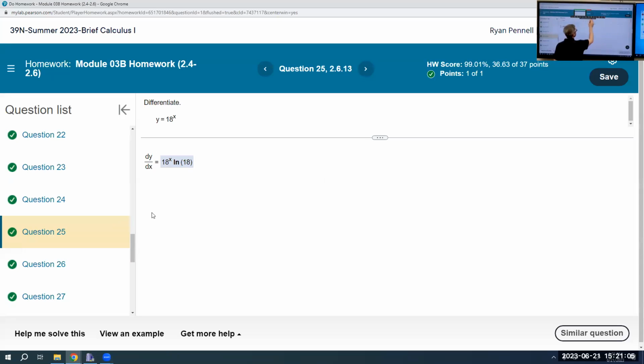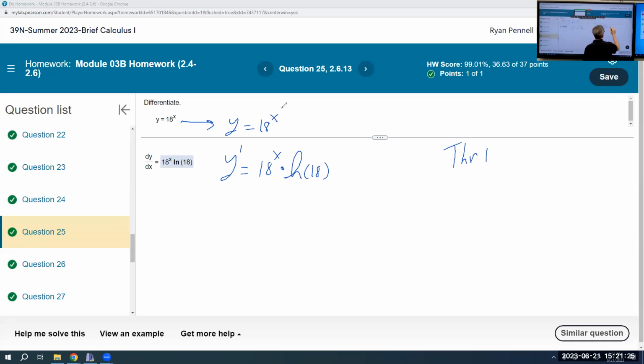Well, if you accept that from me, then y equals 18 to the x, or whatever version you have, y prime just equals the original function times the natural logarithm of 18. Because theorem 12 says d over dx of a to the x equals natural logarithm of a times a to the x.